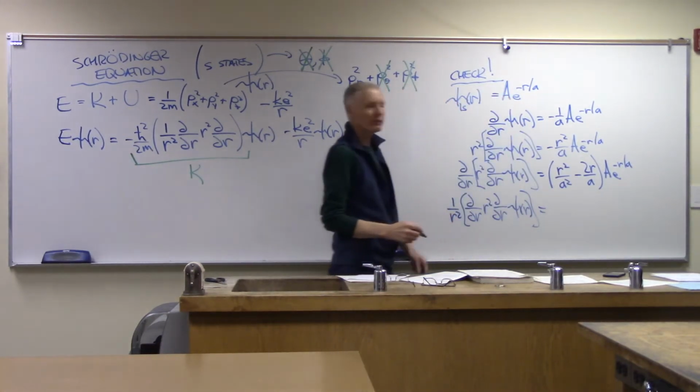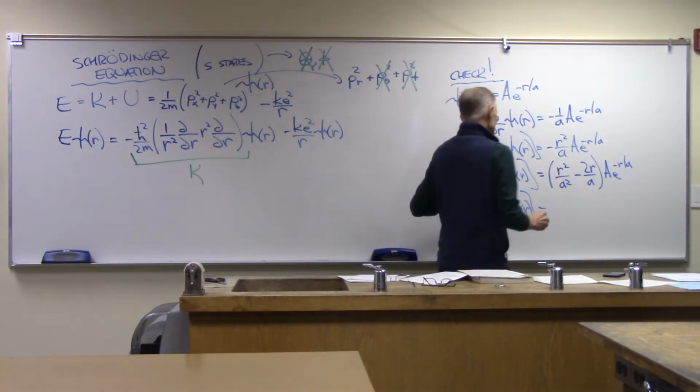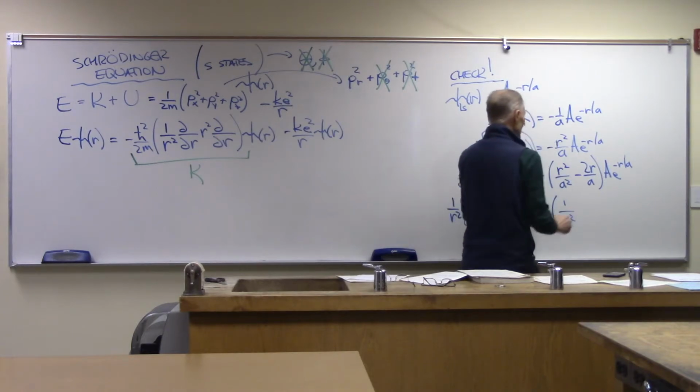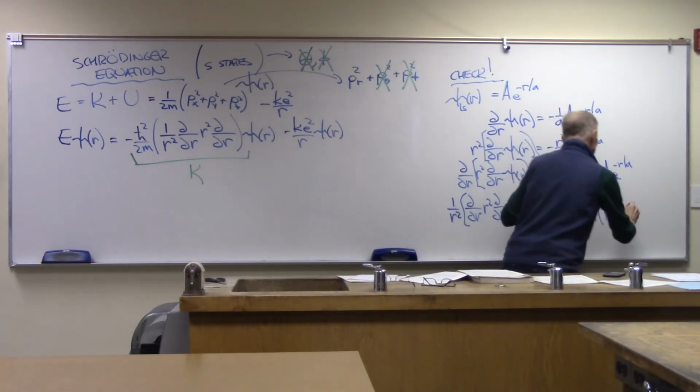What happens if we divide through by r squared? Well, that r squared goes away. And so what we're going to end up with is 1 over a squared, and then over here, we're going to get minus 2 over a, 1 over r.